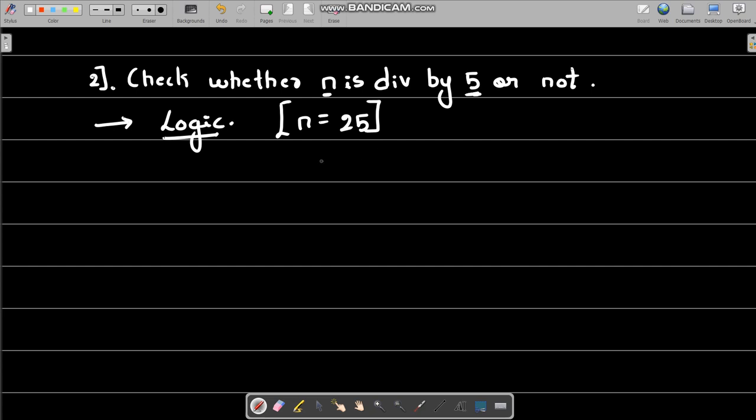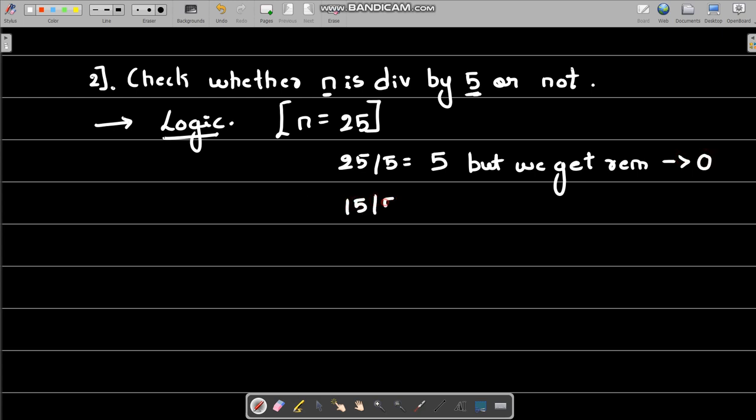When we divide 25 by 5, we get the quotient 5, but we will get the remainder as 0. If we try every number, we will always get remainder 0. So 0 is common in everything.